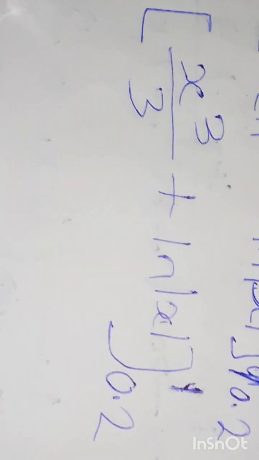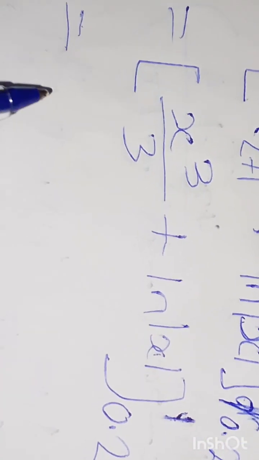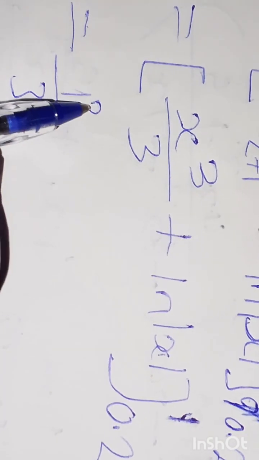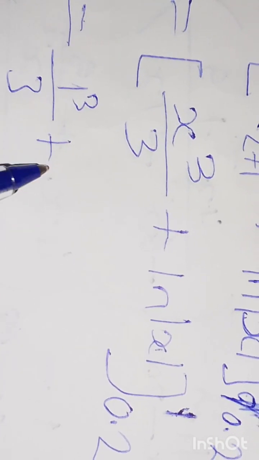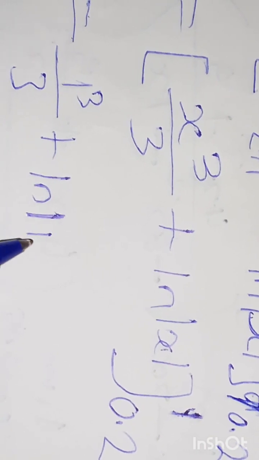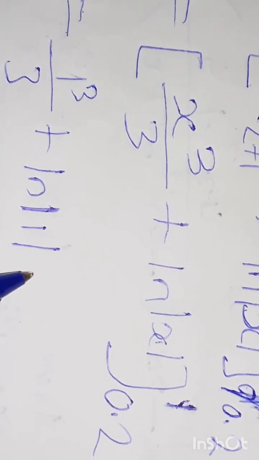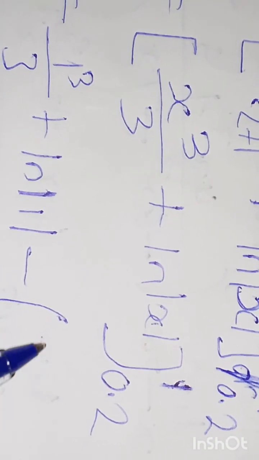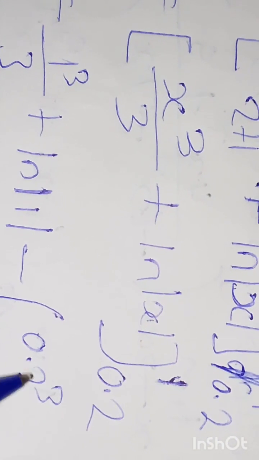So it's 1 over 3, with a cube, plus ln of the modulus of 1, minus 0.2 to the power 3 over 3, plus ln of 0.2.